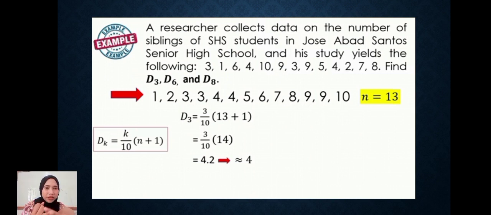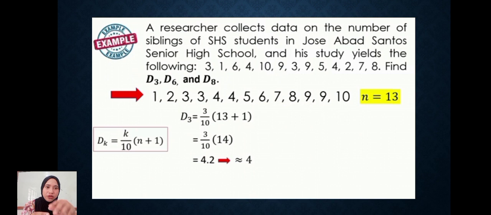Sa quartile 3 naman, pag halfway between 5, like for example 5 siya, yung point niya, magra-round down tayo. Iba naman yung case natin dito sa decile. Yung decile natin, ang ating susundin na round off na rules is yung rules talaga na pag-round off.